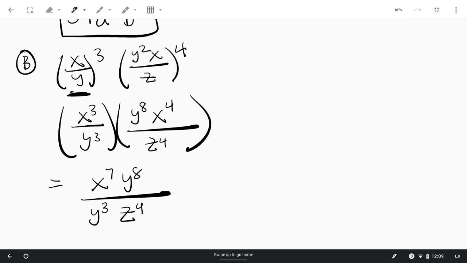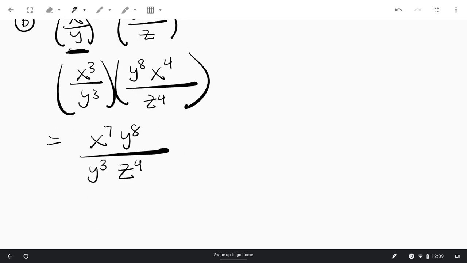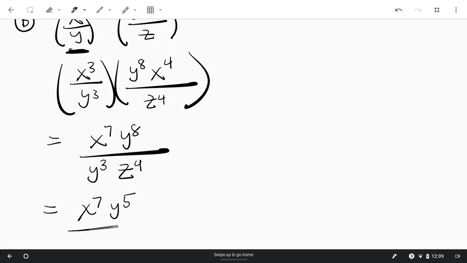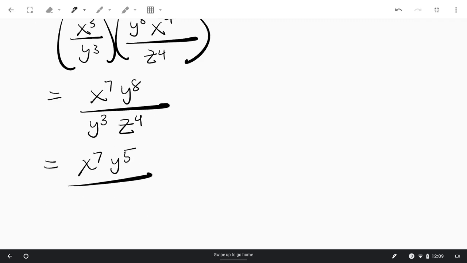Now I can do my law for division, in which case I cancel my exponents. So y cubed will cancel out with 3 from the 8. So I get x to the 7th here, and y to the 5th here. Nothing really happens with the z; you get z to the 4th on the bottom.